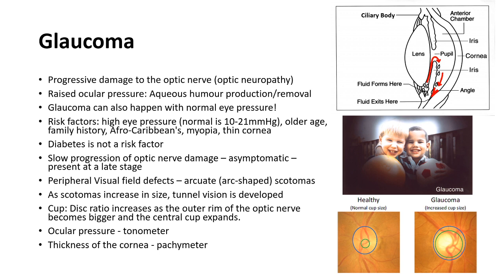This is because the outer rim of the optic nerve becomes thin as the nerve axons die, and this allows for the central cup to expand. Ocular pressure can be measured with the tonometer, and the thickness of the cornea, which is associated with glaucoma, can be measured with the pachymeter.